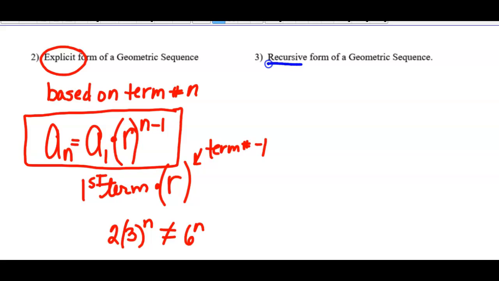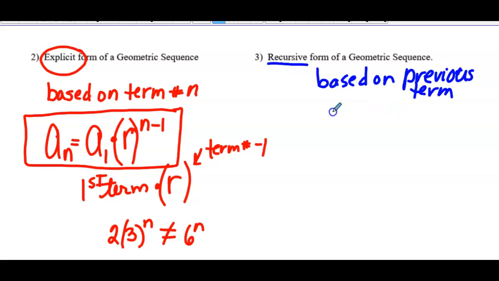Alright, the recursive form means based on the previous term. And just for the vocab, a sub n is the nth term. A sub 1 means the first term.